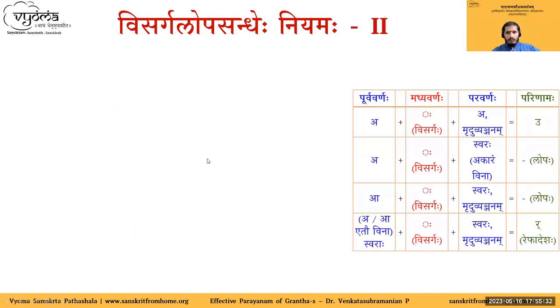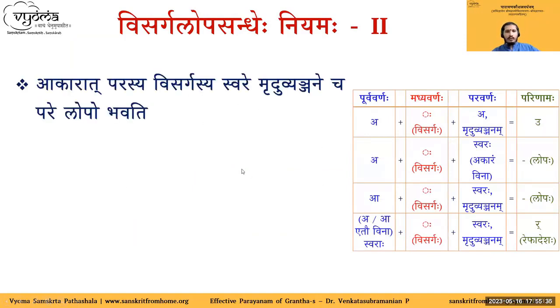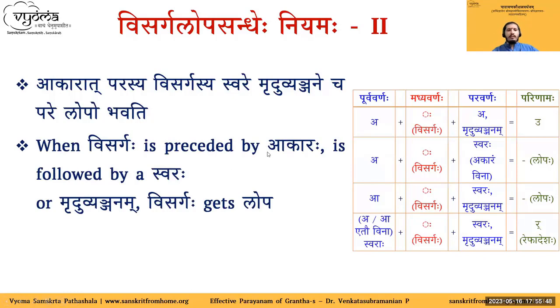We saw the first rule. Similarly, for the second rule, we have Purvarna as akara. This rule states: akarat parasya visargasya sware mridu vyanjane cha pare lopah bhavati. When visarga is preceded by akara and is followed by a swara or mridu vyanjana, visarga gets deleted.